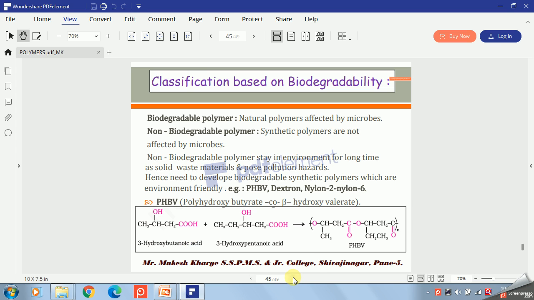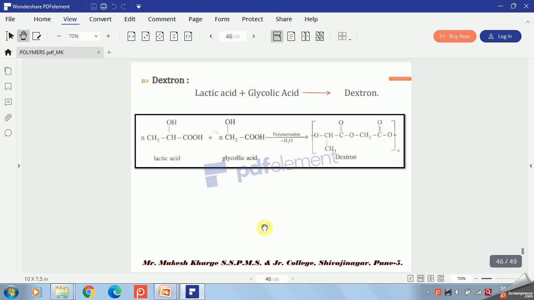Another example is dextron, and it is obtained by a combination of lactic acid with glycolic acid. This is also a biodegradable synthetic polymer.